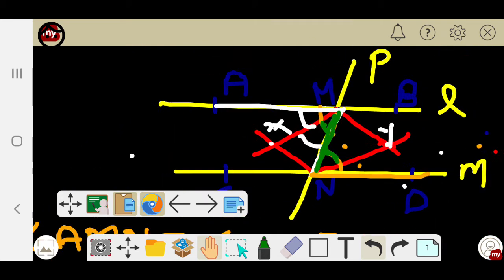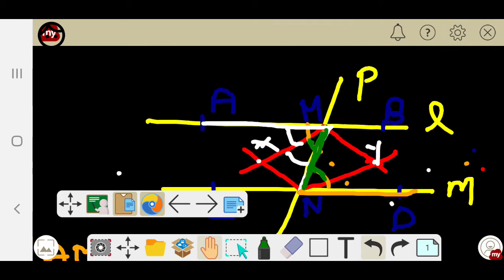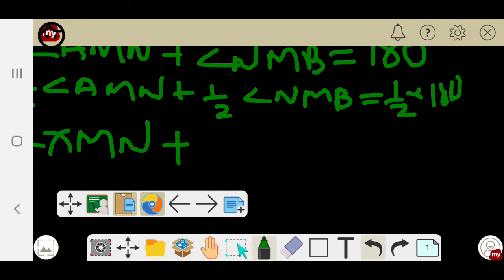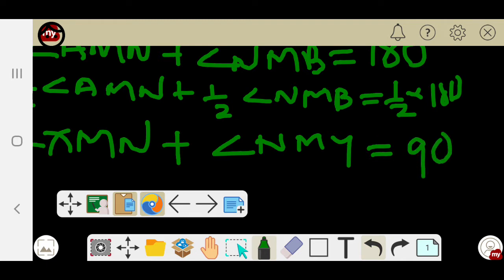Half of NMB is NMY. Plus angle NMY equals half of 180, which is 90. That is angle XMN plus angle NMY equals 90.